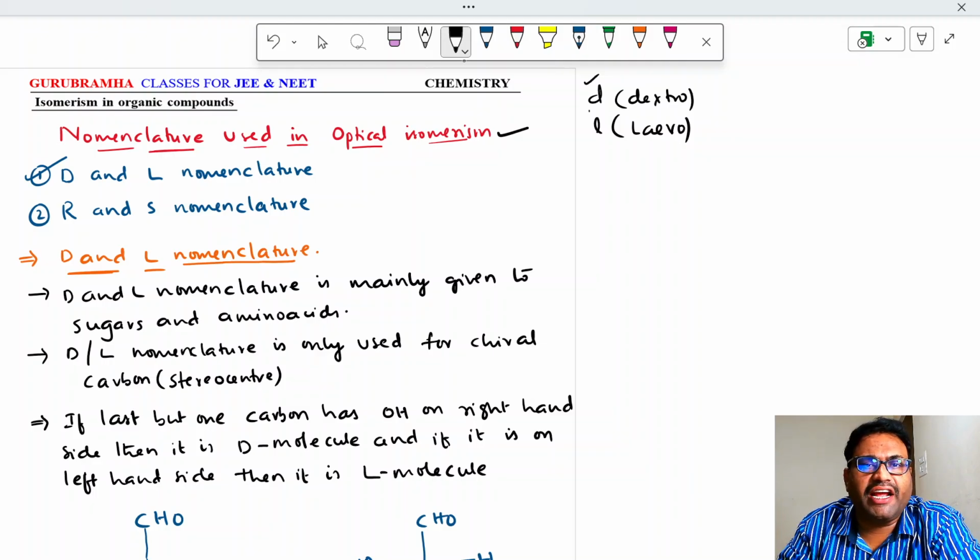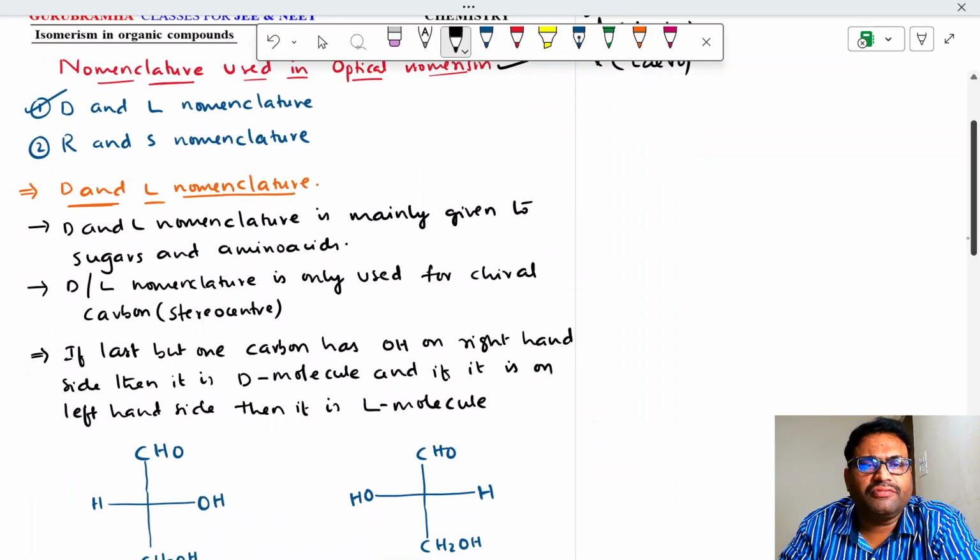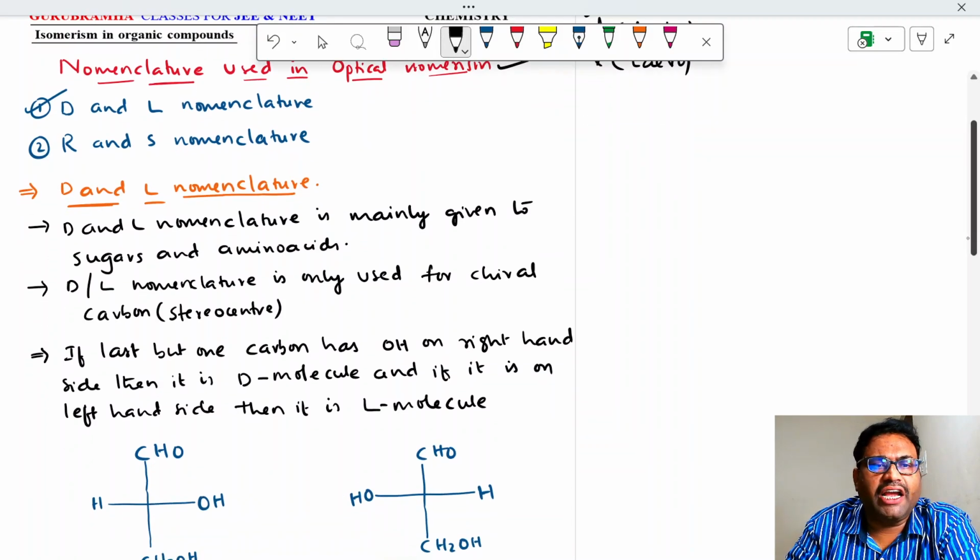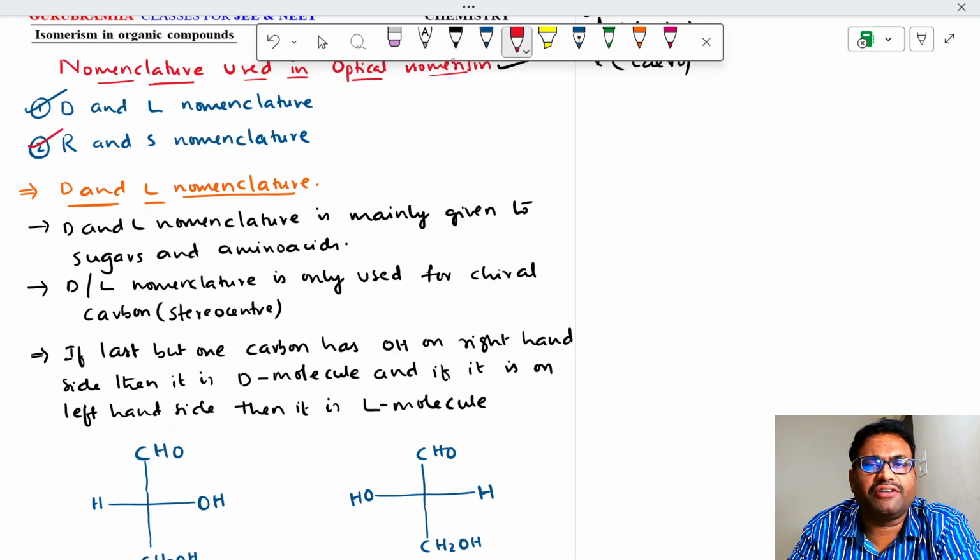So small d and capital D are not the same, they have a different meaning. So you have to be very careful while using small d and capital D, right? You should know the differences between small d and capital D, small l and capital L. Another nomenclature is R and S nomenclature.